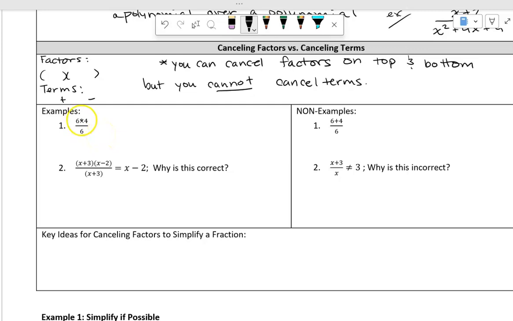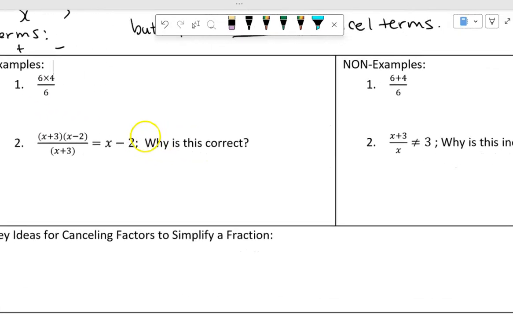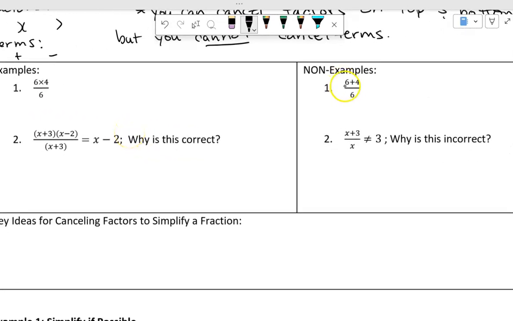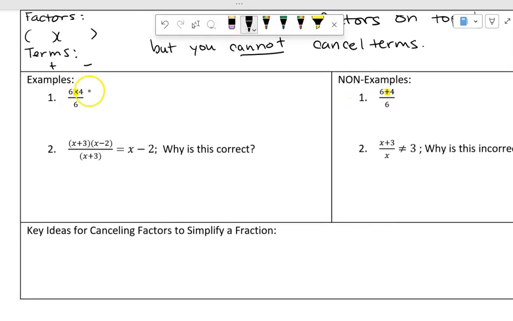In example number 1, this is 6 times 4 on top and 6 on bottom. And in the non-example number 1, I'm using the same numbers, but I'm changing from a multiplication sign to a plus sign. So these would be factors, and these would be terms.